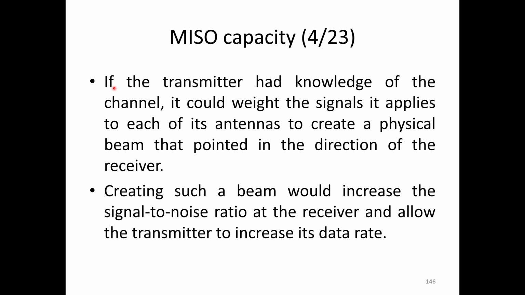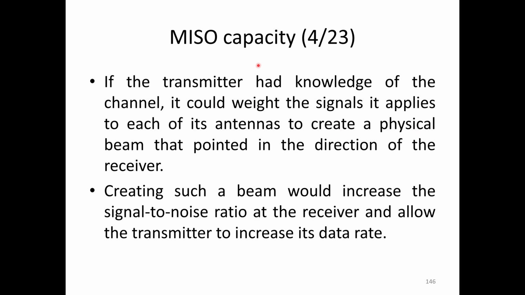If the transmitter had knowledge of the channel, it would weight the signals it applies to each of its antennas to create a physical beam that pointed in the direction of the receiver. It is the so-called beamforming technique. We can use the water filling algorithm introduced earlier to find the weights.